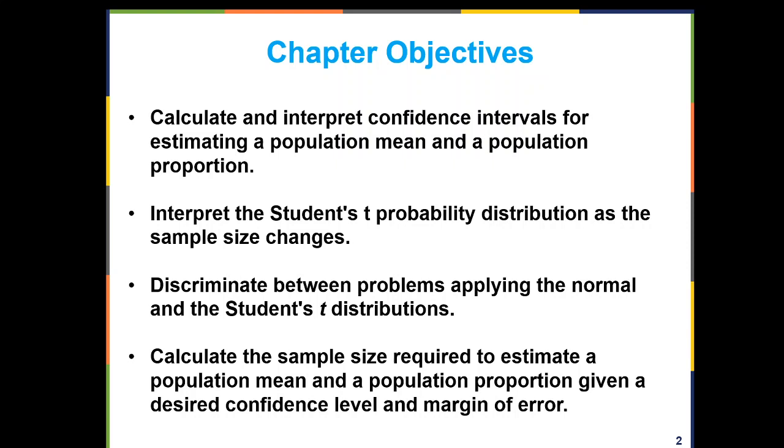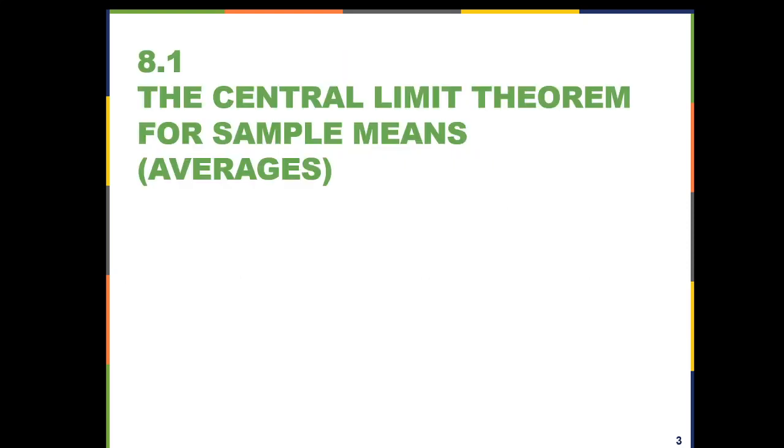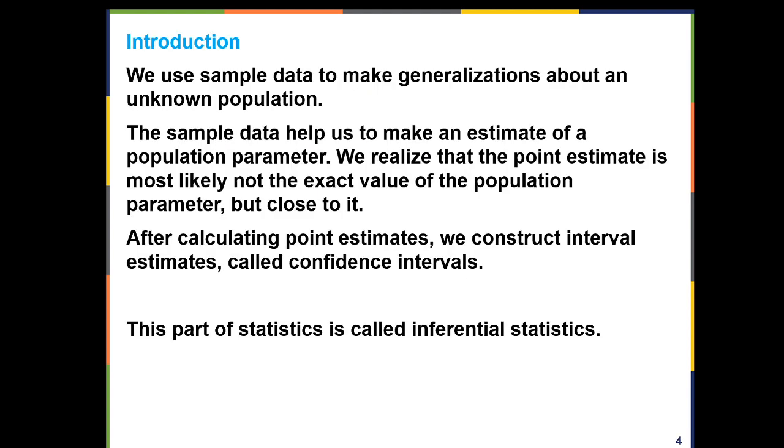So first, of course, we are going to learn how to find the point estimate for the parameter. That's very easy. Just take a sample and then calculate whatever it is that you're estimating. If you're estimating the mean, then we find the x bar. If you're estimating the proportion, then we find the sample proportion. So that's what this chapter is all about.